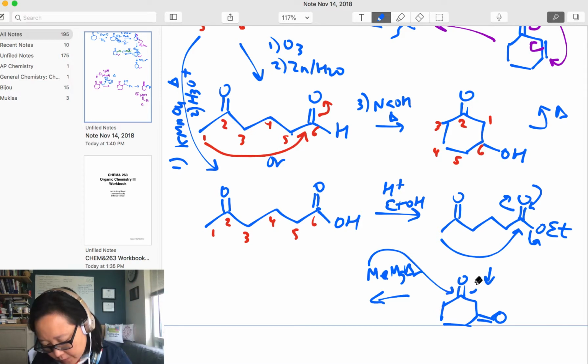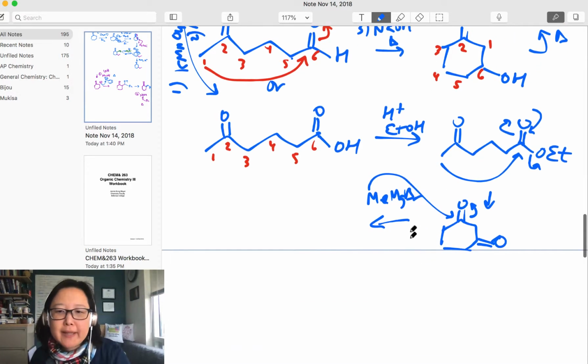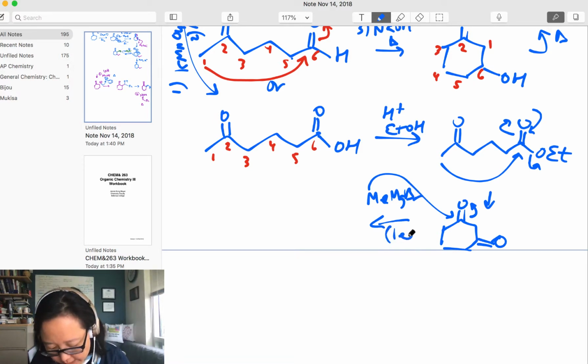Maybe you could react one here. Like I said, it's probably likely it'll react at both places. Even if you specify one equivalent, you might have some molecules where there are 2 additions anyway, but it's not ideal, but it's possible.